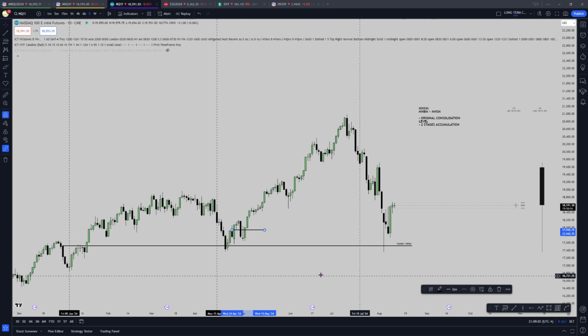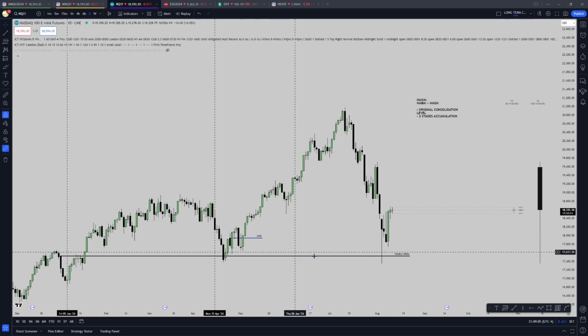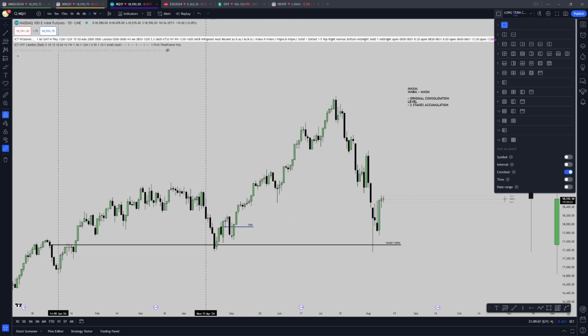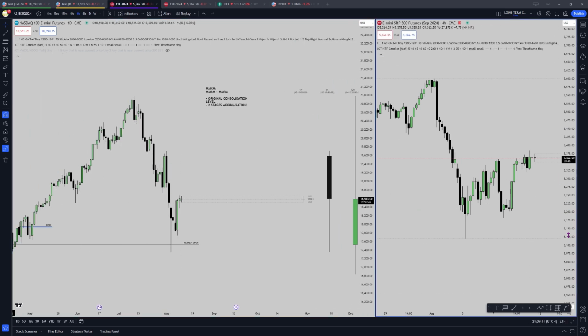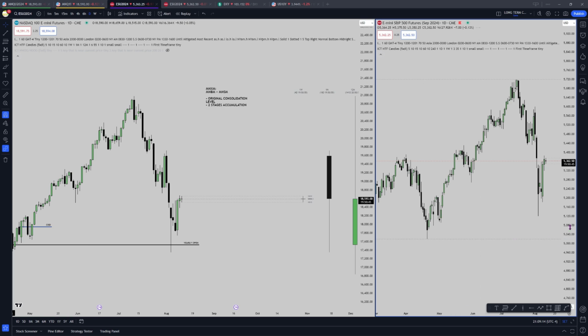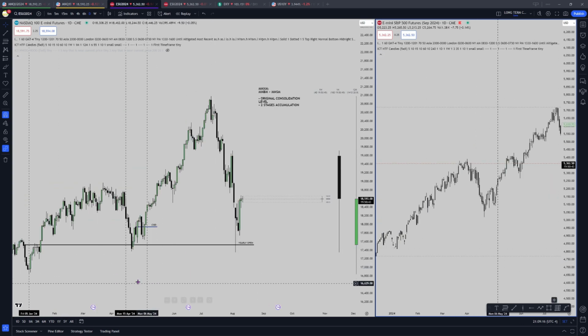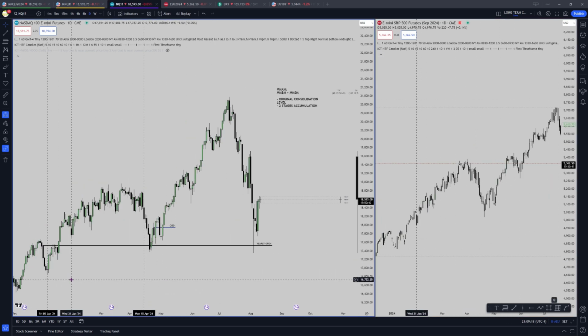So we get this manipulation to the downside, and we get this change in the state of delivery right here. And I think there was also SMT down here, check real quick. Yeah, there was SMT down here.